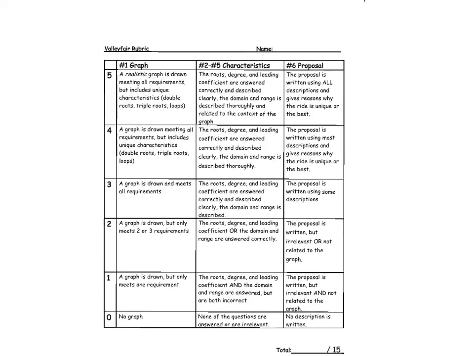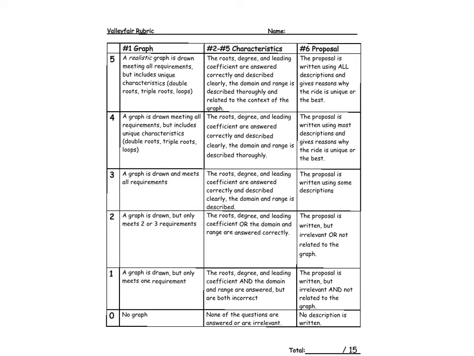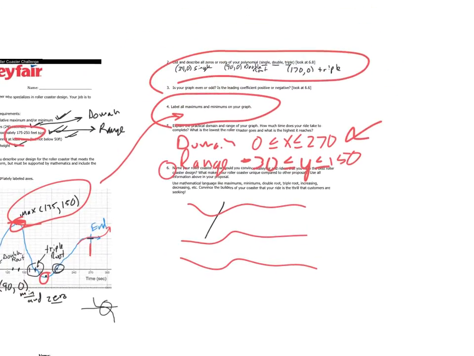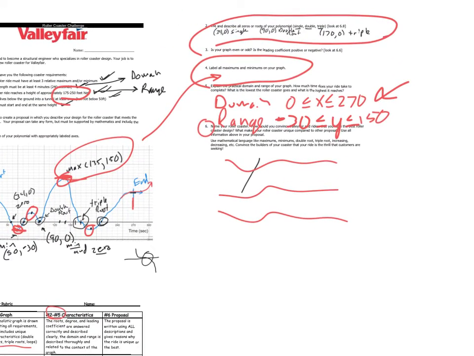And here's the criteria. Number 1, the graph. If you want a 5, a realistic graph is drawn meeting all the requirements, but it includes unique characteristics such as double roots, triple roots, loops, minimums, maximums, all those things. And then questions 2 through 5, you have all these taken care of.